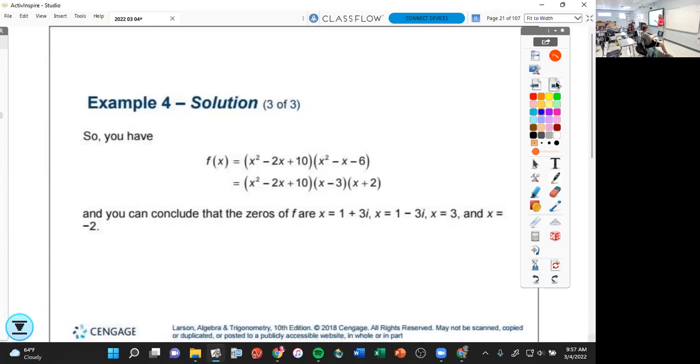So if I wanted to write this original fourth-degree polynomial in real factored form, this right here is the answer, because this is only real numbers. And this part right here does not factor in the real numbers, correct? But we do now know that the zeros are x equals 1 plus 3i, x equals 1 minus 3i, x equals 3, and x equals negative 2.